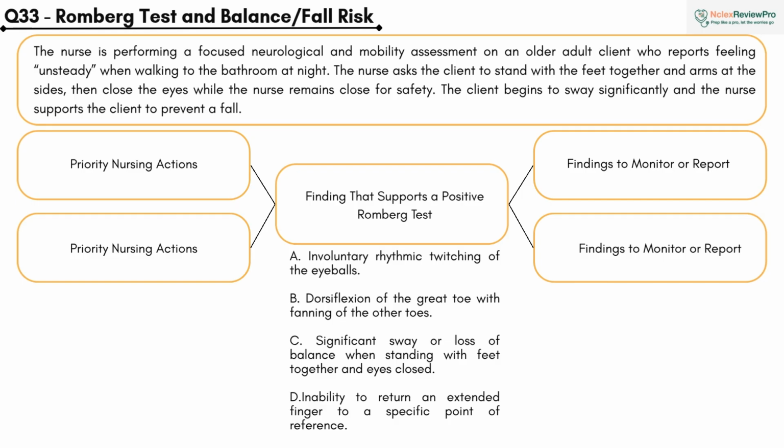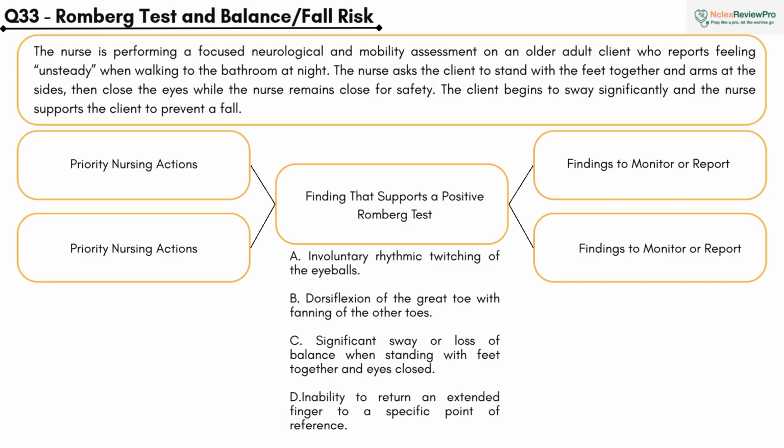Option B, dorsiflexion of the great toe with fanning of the other toes. Option C, significant sway or loss of balance when standing with feet together and eyes closed. Option D, inability to return an extended finger to a specific point of reference.